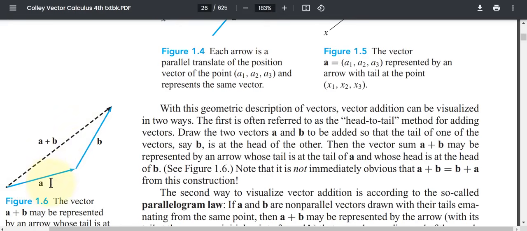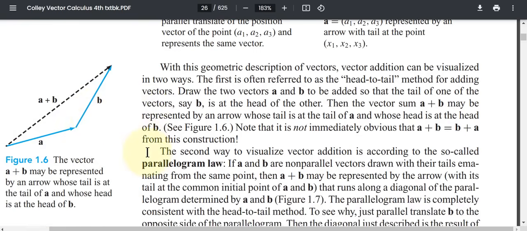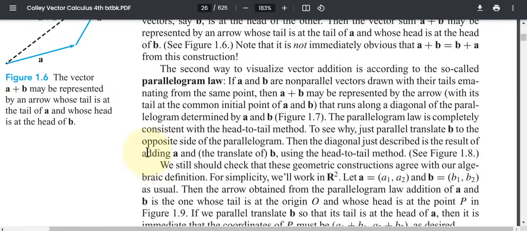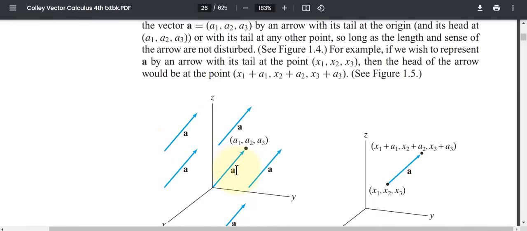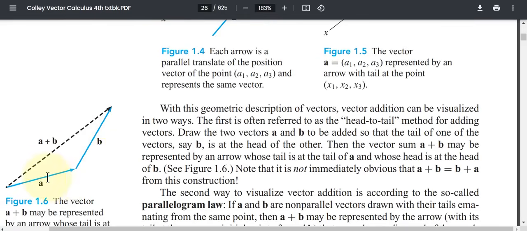So we have two vectors, A and B. Suppose we show them initially at the origin. They don't do that here, but we could have two vectors, A and B, both drawn with their tails at the origin at first. But we want to show this way what it means to add those two.